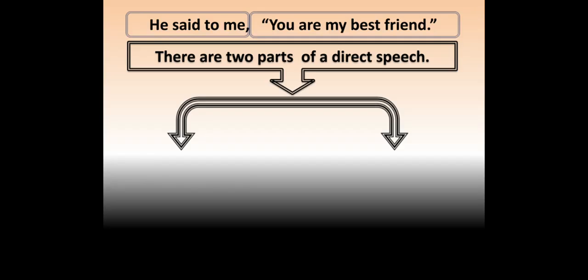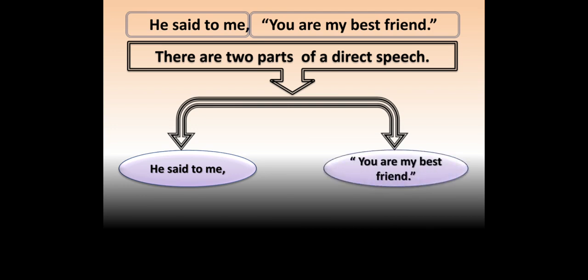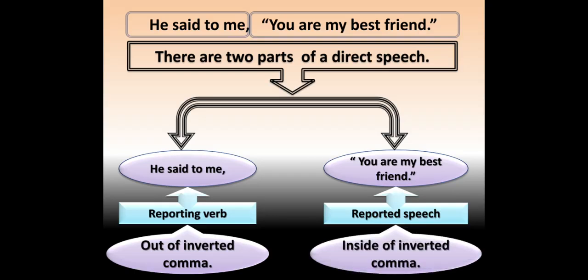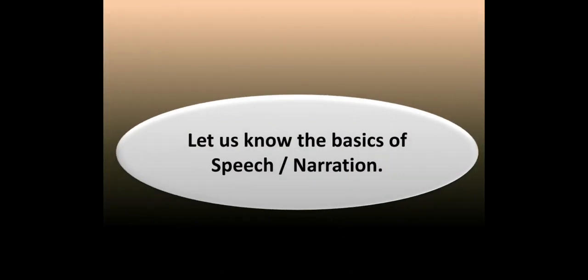"He said to me" is outside the inverted comma, and "you are my best friend" is inside the inverted comma. So "he said to me" is the reporting verb, outside the inverted comma, and "you are my best friend" is the reported speech, inside the inverted comma.